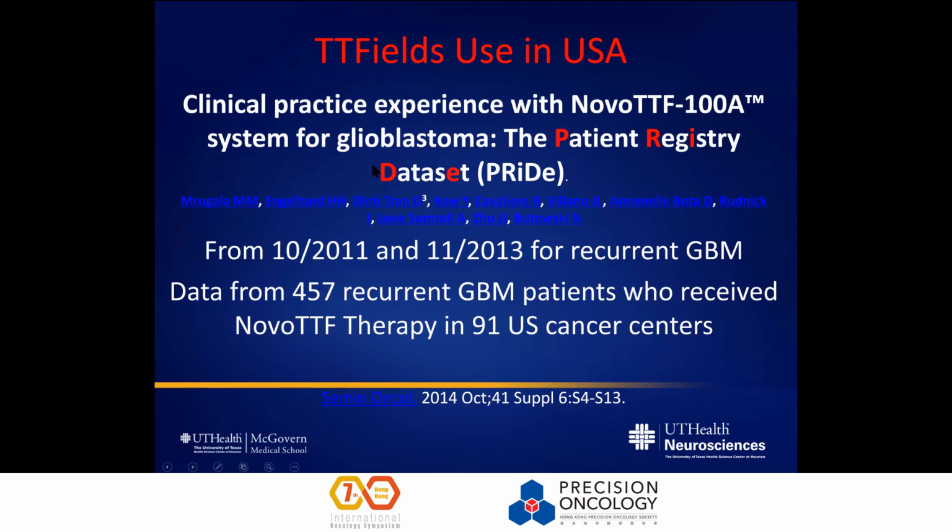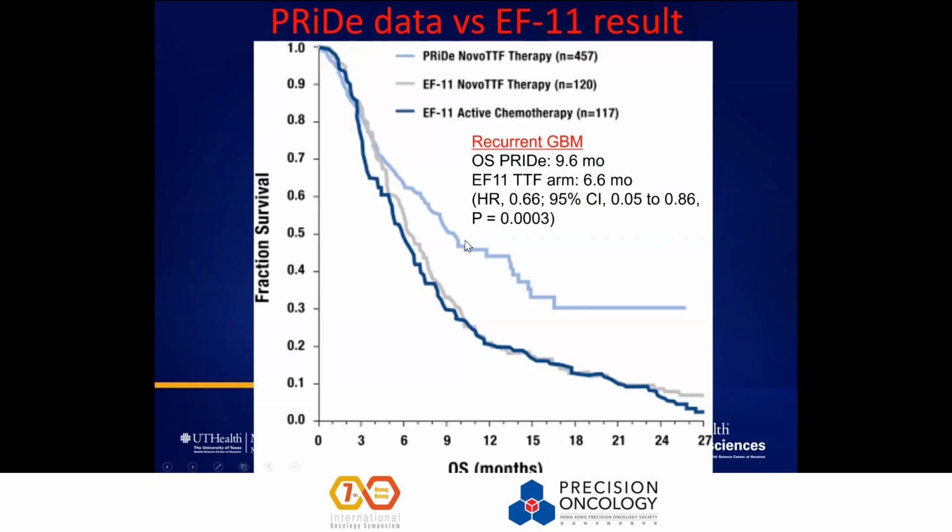So this is the result. I understand it's not scientifically rigorous for this comparison, but it mostly gives a signal for this group. That is the PRIDE data, 457 patients with recurrent GBM.